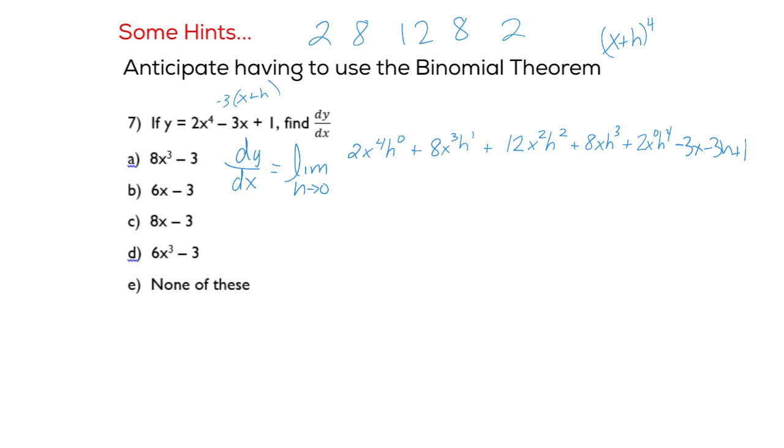And now I'm ready to subtract the function. That's f of x plus h. So now I'm out of room. Sure enough, it's going to be a minus 2x to the 4th, a plus 3x, and a minus 1. All of that is my numerator, and this is all over h.